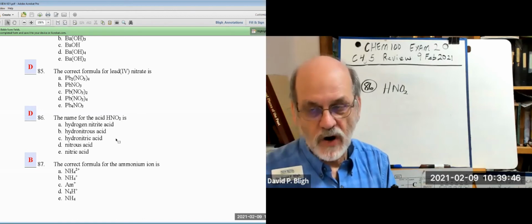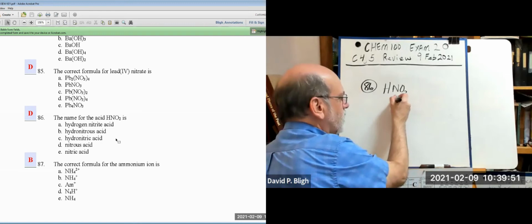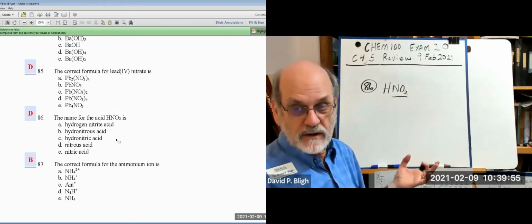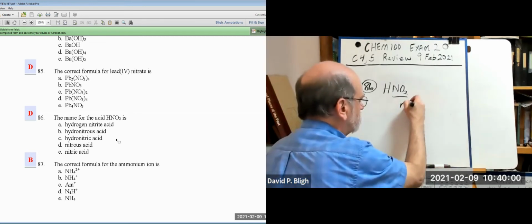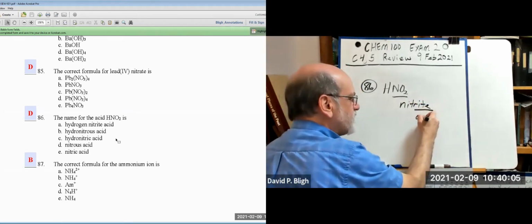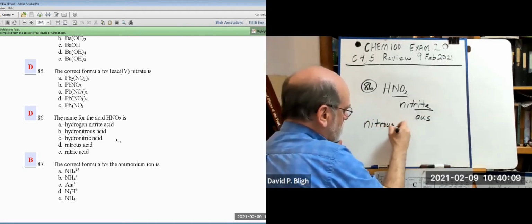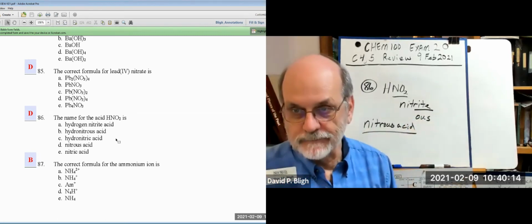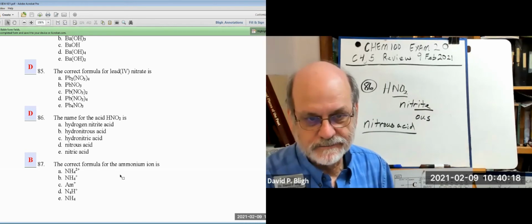You just look to the polyatomic ion here. What is that polyatomic ion first? NO2 is nitrite. Okay, ites become ous. So you say nitrous acid. You're done. So that means D is the answer.